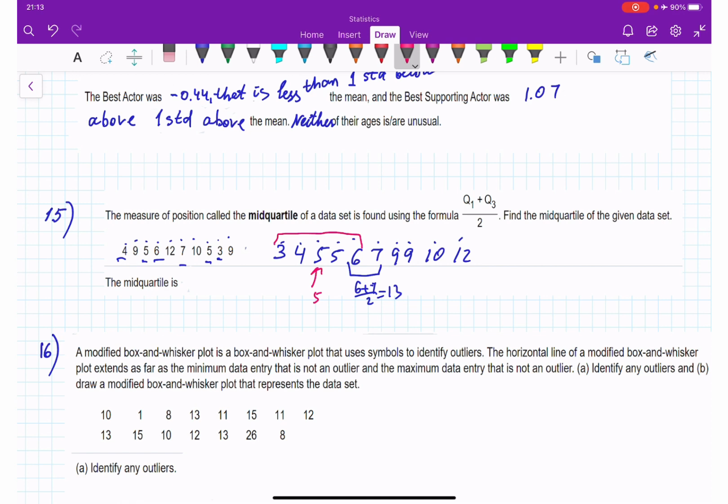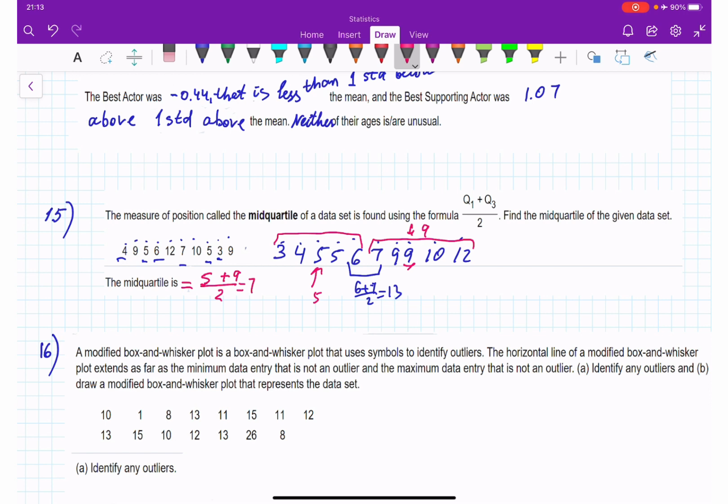And the third quartile is going to be 9, right? Which means the mid-quartile is equal to (5 + 9) divided by 2, and that's going to be 7. So the mid-quartile will be equal to 7.